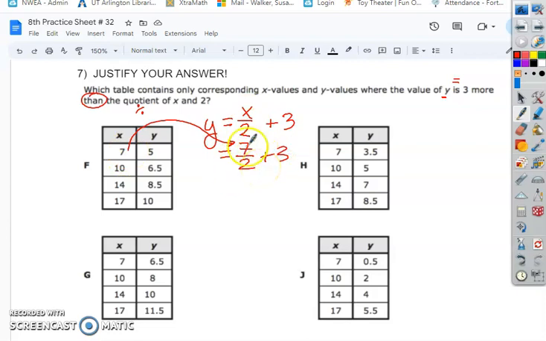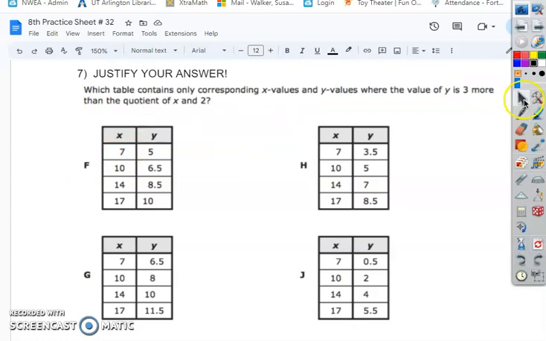What I know is when I do 7 divided by 2, that's a decimal. So I know this one is not going to be the answer. Okay? So now the rest of these have decimals, so one of these will be your answer. I'm going to tell you, when you enter the 7, you're going to see that it is going to get you whichever answer it is. Okay? So whenever you use 7 as your x, it's going to give you the correct y. Okay? Hopefully we also know that's not proportional.